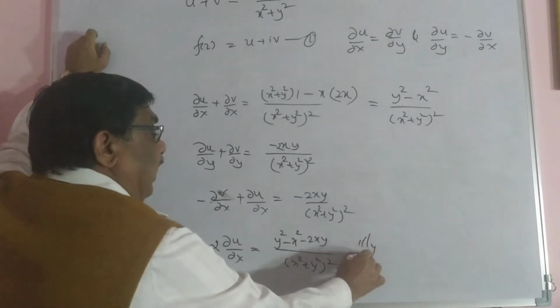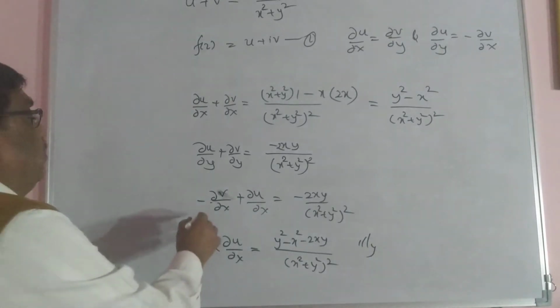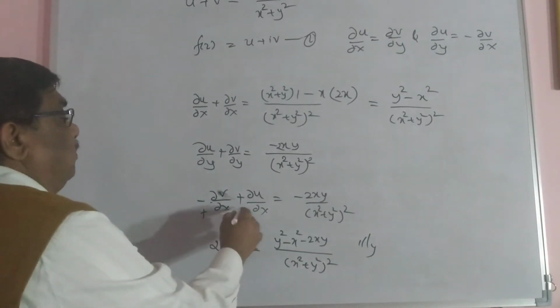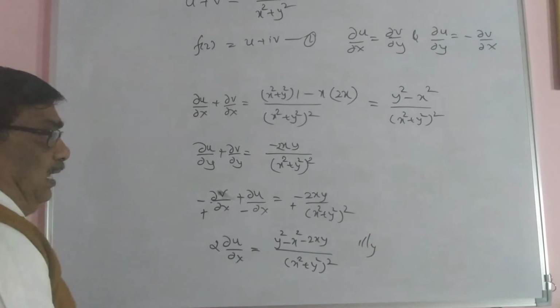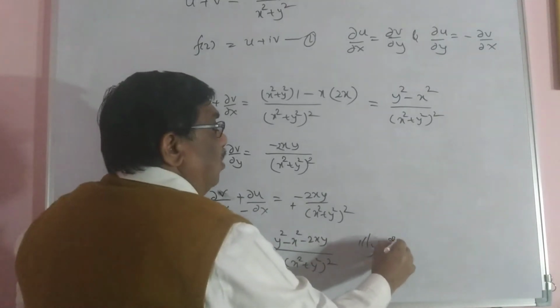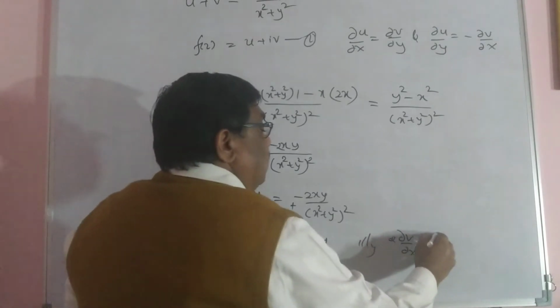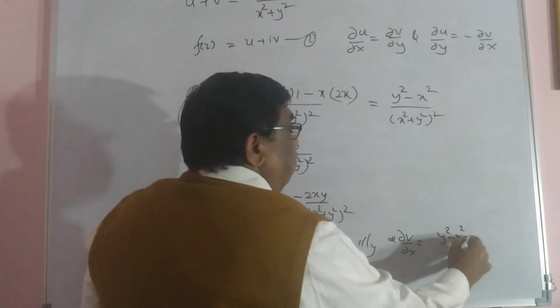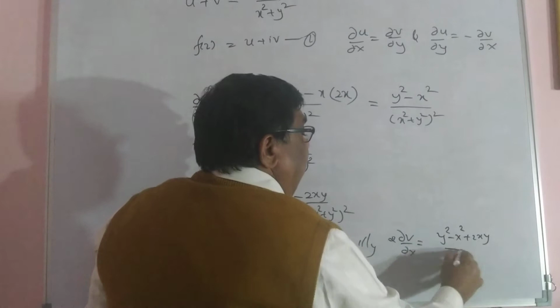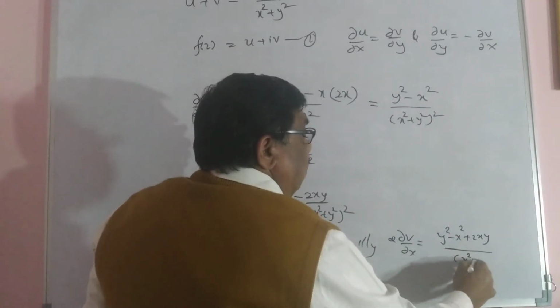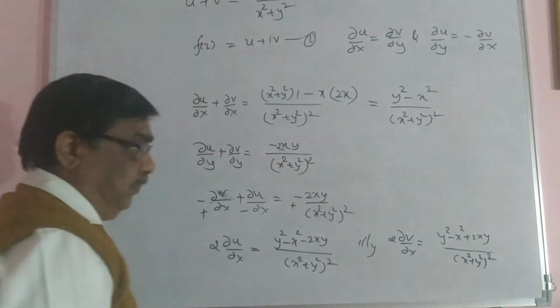Similarly, if I subtract it, so it becomes plus and it becomes minus and it becomes plus. Therefore, 2 times ∂v/∂x is equal to y² minus x² plus 2xy divided by (x² + y²) whole square.